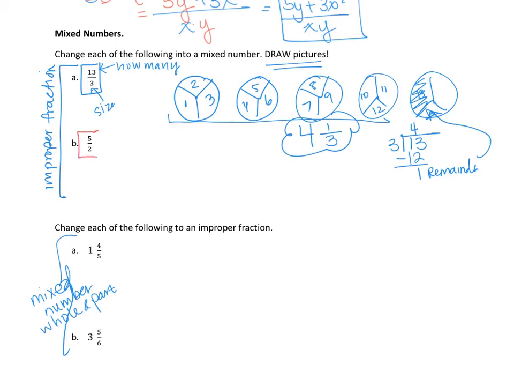So let's try that again. This time we're going to look at 5/2. So here we want our wholes to be broken into 2. Remember, that's our size. So we have 1 of them, 2 of them, 3 of them, 4 of them, and 5 of them, because that 5 was how many there are.